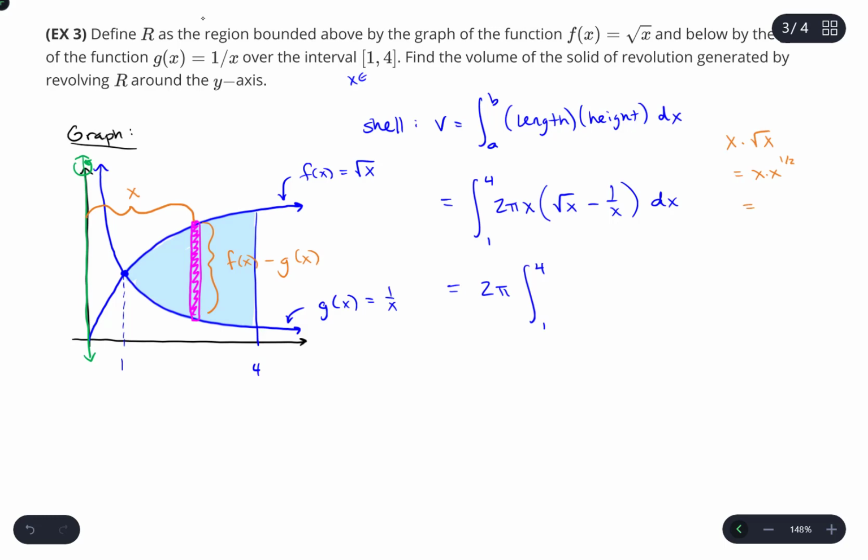Whenever you have two exponential functions with the same base, you can combine them by adding their exponents. So 1 plus a half is 3/2. So this is x to the 3/2 power, and then when I distribute this x, make sure you distribute it to both terms here. x times 1 over x cancels, leaving just 1.